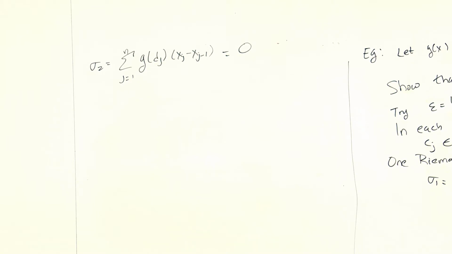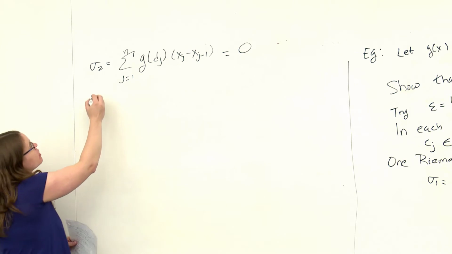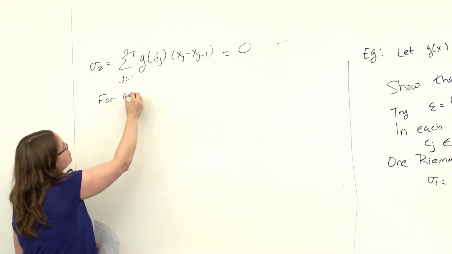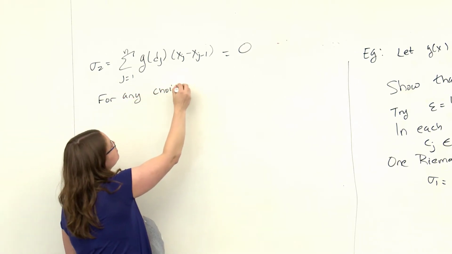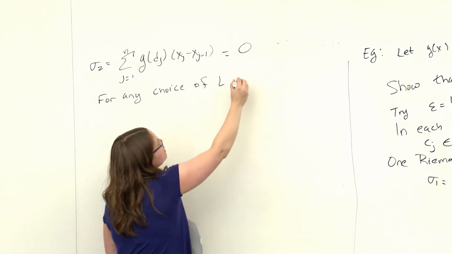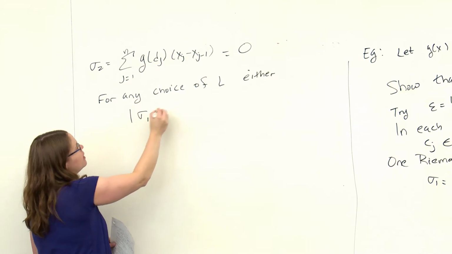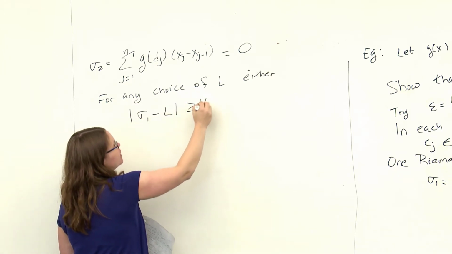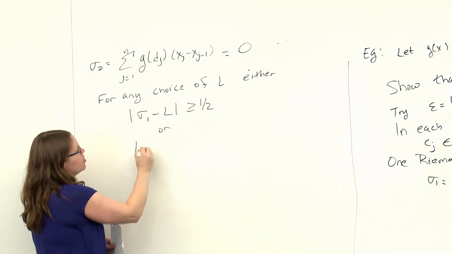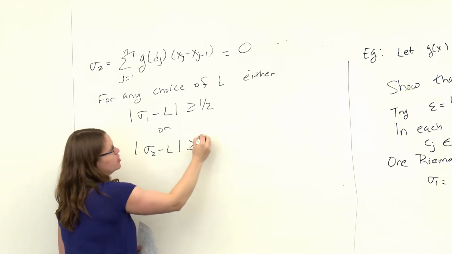So what does that mean? It means I don't care how you've picked L. For any choice of L, either we're going to have sigma 1 minus L is bigger than or equal to a half, or sigma 2 minus L is bigger than or equal to a half.